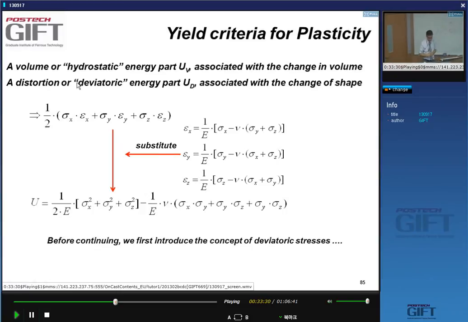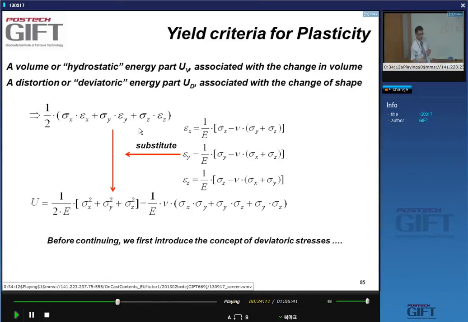And we go back to the problem of shape change and volume change during deformation of a solid piece of steel. So we're going to look at the energy to deform this piece of steel. We're going to look at the hydrostatic part of this energy, which is related to the volume change. And we're going to look at a deviatoric part of the energy, which is related to this change of shape. Okay?